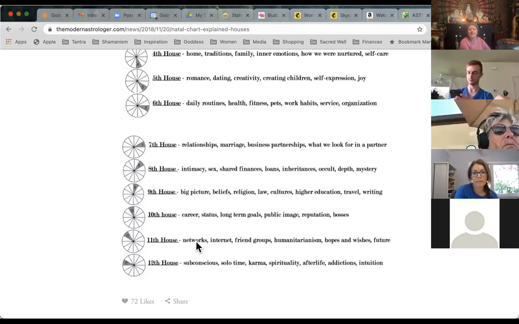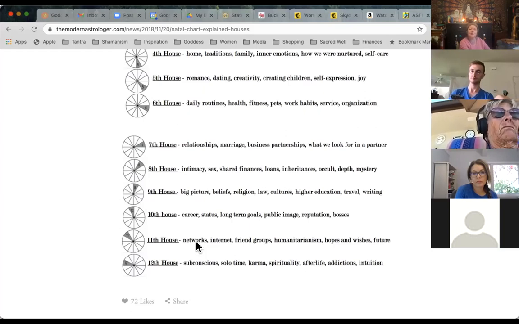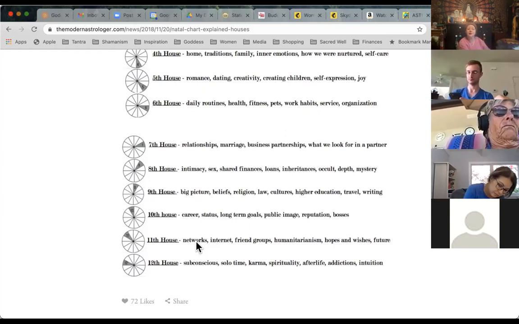And back up here in the 3rd house, we had more like electronics and hobbies. They've put the internet in the 11th house. I might say I think the internet is more of a 7th house thing, but I don't need to argue with it. For me, it really is about who you consider your tribe in the world, whether that's your family of birth or your family of choice.